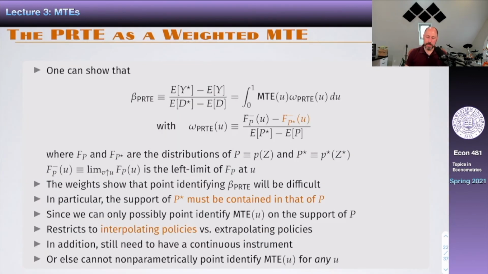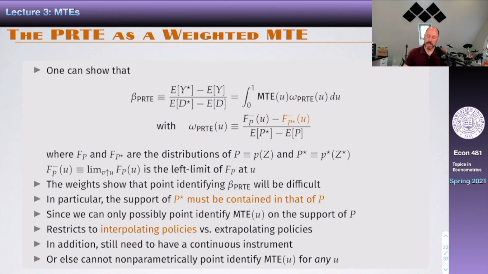Let's see a bit more. Turns out you can show that the policy relevant treatment effect can be written as a weighted average of a marginal treatment effect. Again, okay? And I said before, the marginal treatment effects will allow us to evaluate parameters that were harder to think or conceptualize before. All right, so you can show that this policy relevant treatment effect can be written this way, where the weights are given by this function over here.